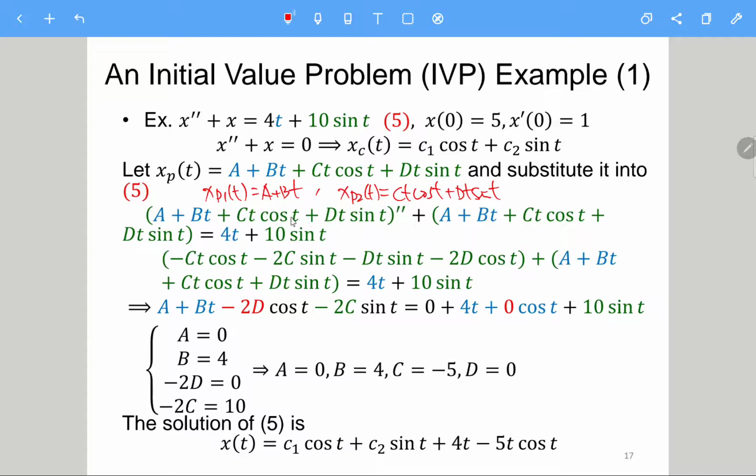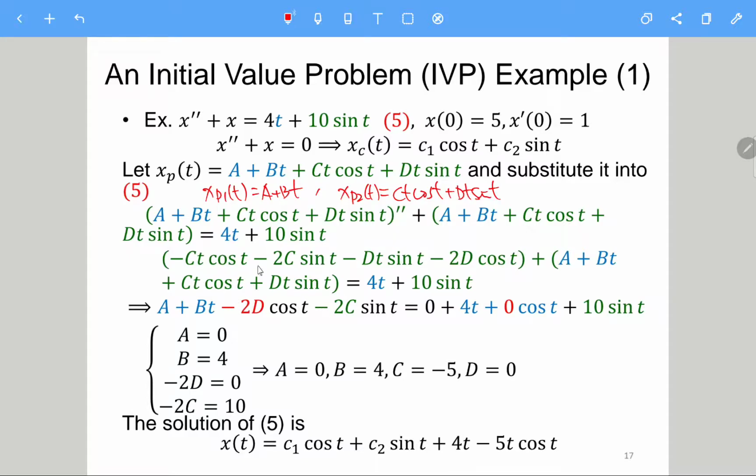Of course, some of the terms will vanish because the second derivative of t is 0, so we only have 4 terms here. And then for the first derivative of this one, there is no first derivative; we only have the original equation here. So this term is easy.